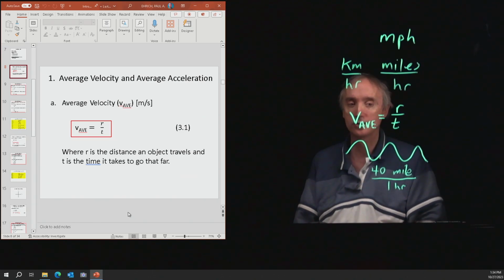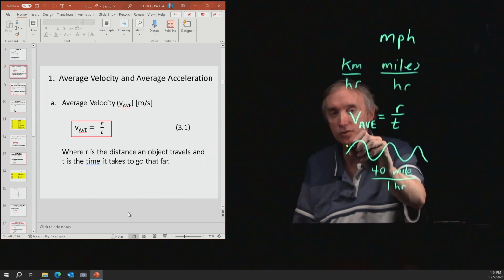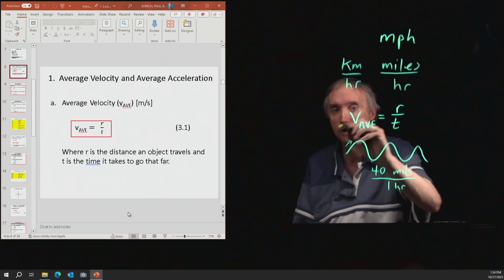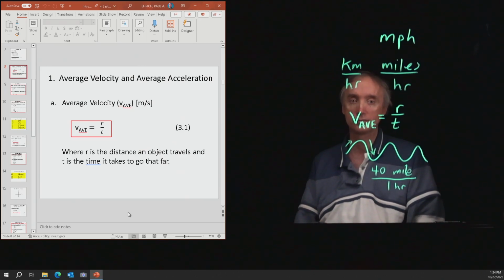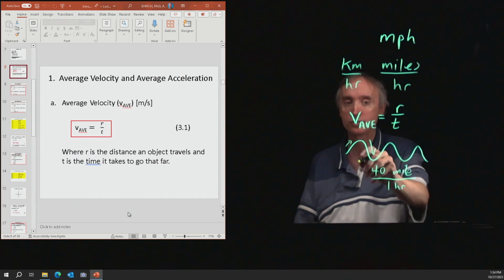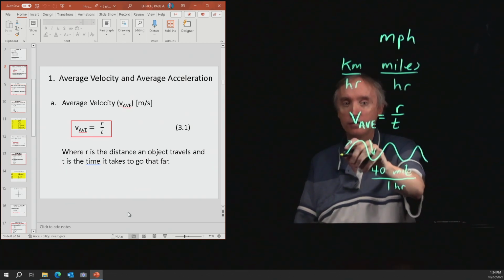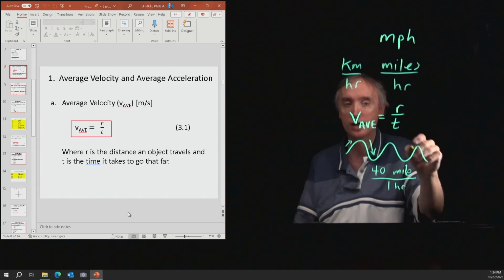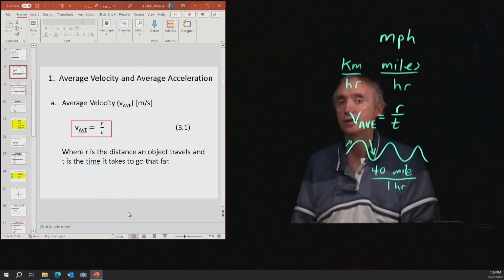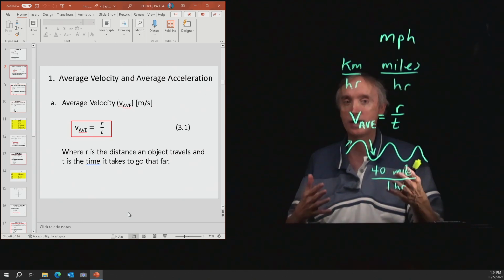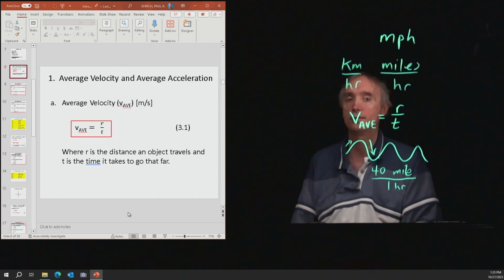Your actual speed, you might be going slower when you're going up some of these hills, and then you might be going faster when you're going back down the hills. So your actual speed is going to change, but your average speed is averaged out over the whole trip. For right now, we're just talking about your average speed, and later we're going to expand this definition to talk about your instantaneous speed.